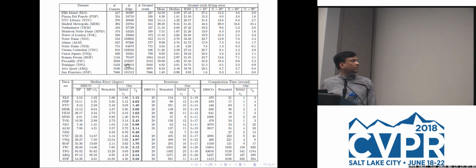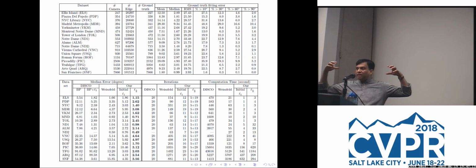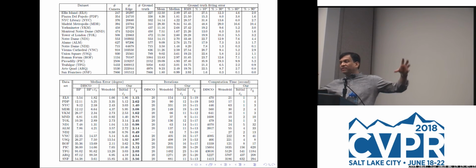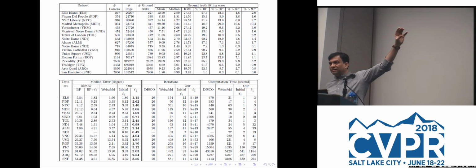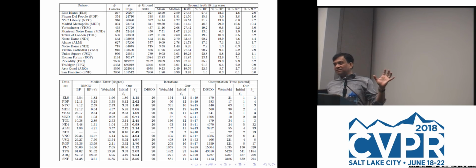Some of them have even more, like this has almost 700,000 edges, right? So we are talking about doing rotation averaging with graphs where the size n is thousands, and the number of edges are hundreds of thousands, right? And many of them are outliers, right? And you need to be able to do this efficiently.